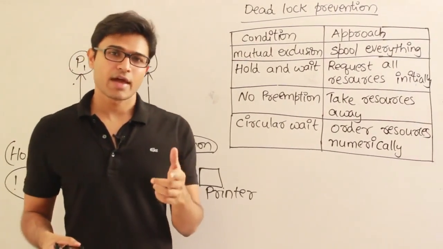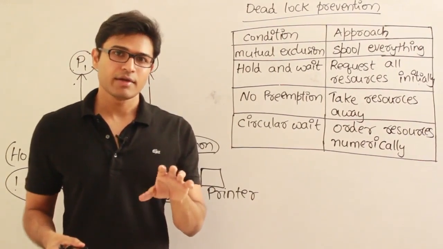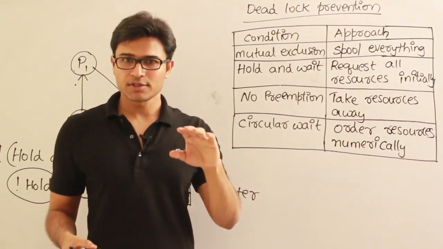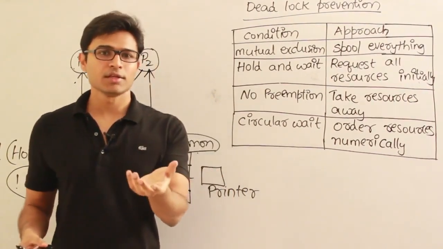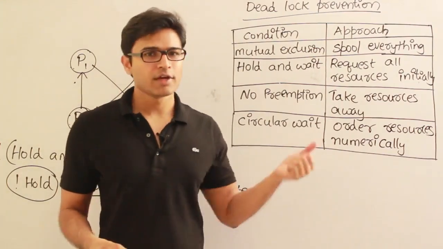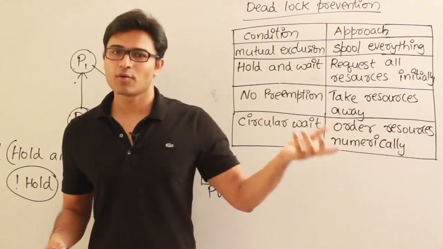In case you could have a mechanism using which you could guess the requirement, which means if a process has the capacity to mention all the resources that it might need, then you will never go for this method at all. The best method possible will be deadlock avoidance.